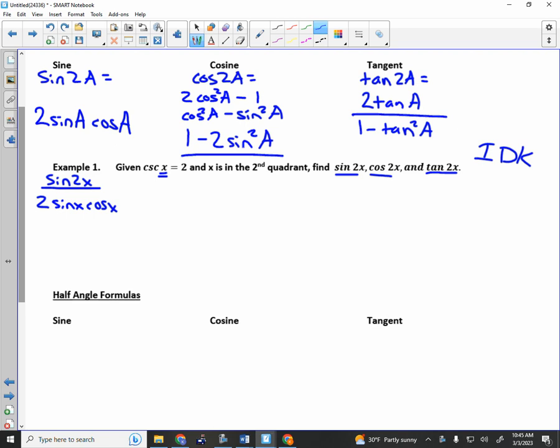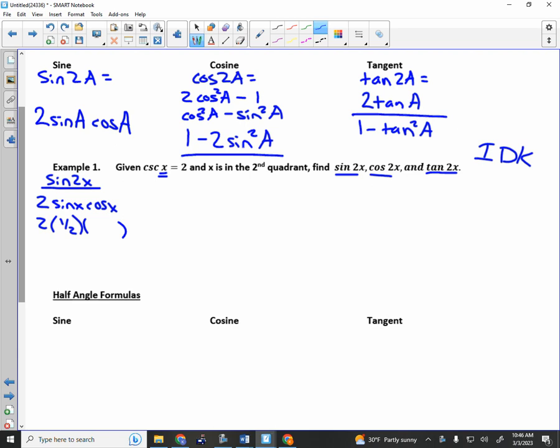If cosecant is 2, then sine is a half. Everybody clear that if cosecant's 2, sine's a half? So cosecant and sine are reciprocals, so you take the reciprocal of 2. Everybody okay with that?